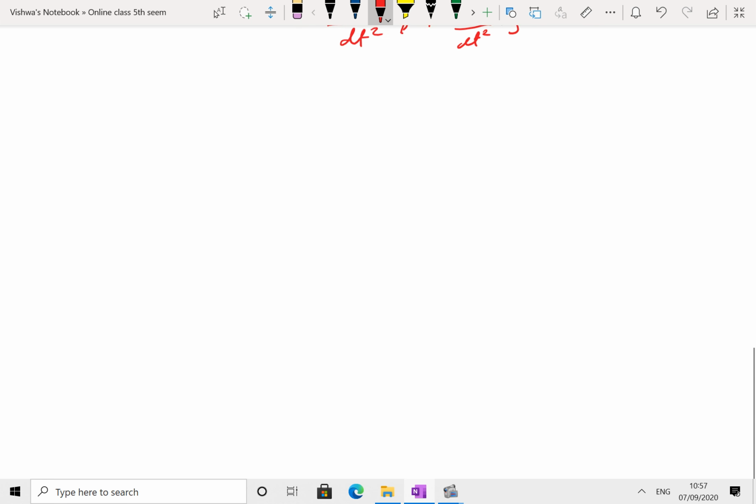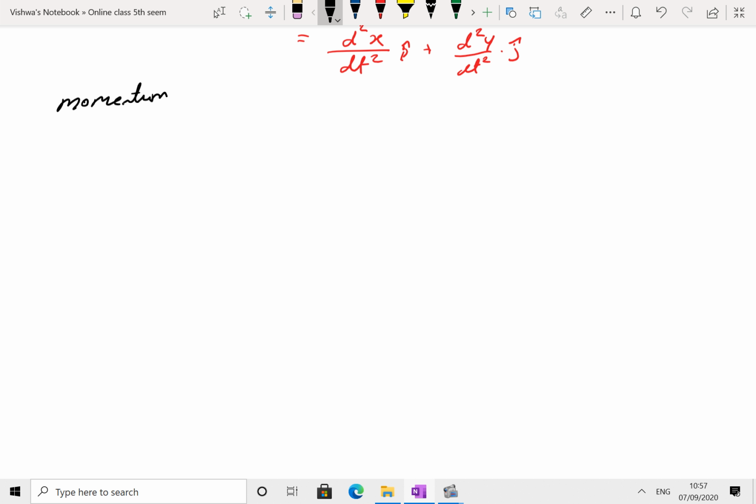Next, force. Before defining force, first take momentum. This momentum is represented by p. Momentum means the amount of motion present in a moving body.